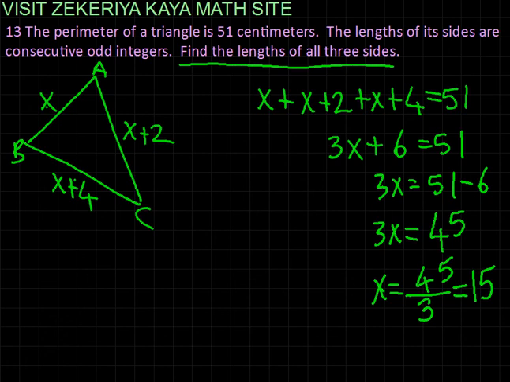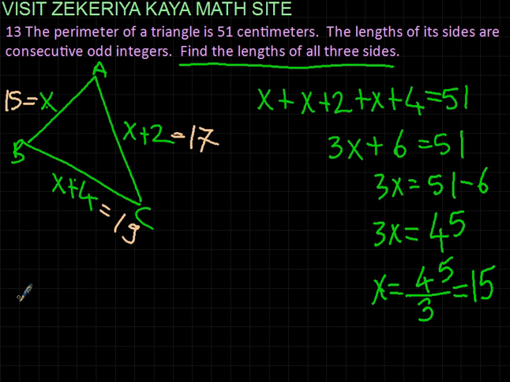So we just replace x with 15. So the first side is 15, second 17, the last is 19. These are odd integers, so you don't have to add plus 2 again. 15, 17 and 19. If you know the first one, you can find the next ones.